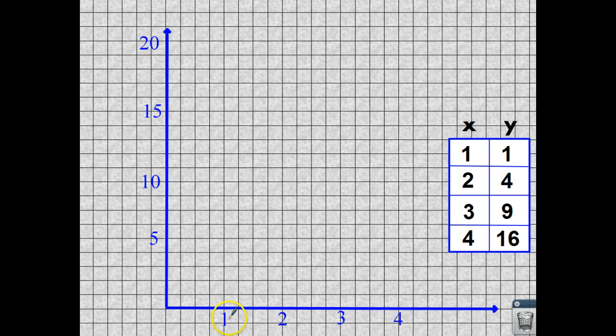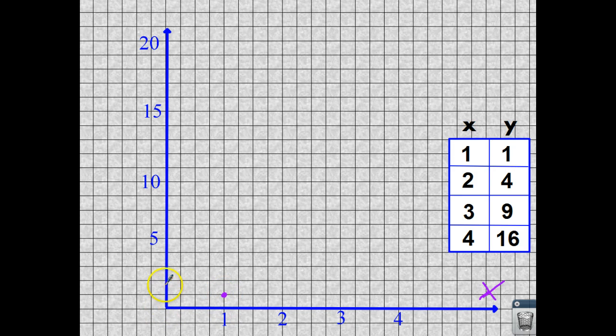So I have 0, 1/4, 1/2, 3/4, and 1, and I did that all the way across your x-axis. All right, so if I were to go to 1, 1, I have a little graph right here.